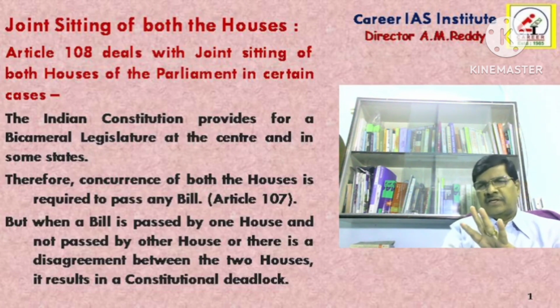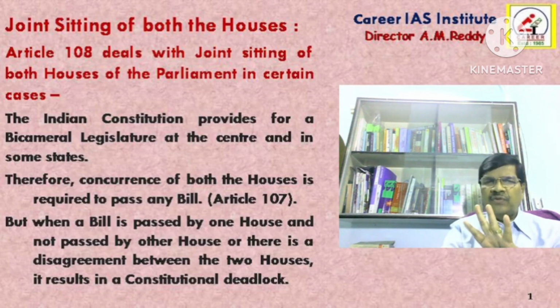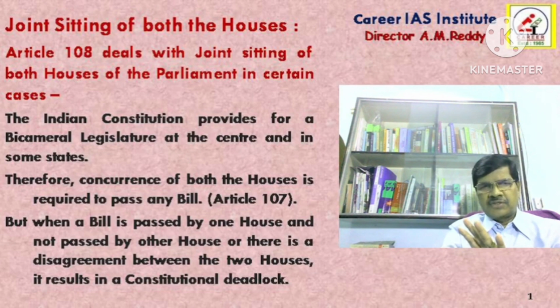Concurrence is nothing but uniform decision making, that is, acceptable to both the houses of parliament. So, the Indian Constitution provides for a bicameral legislature at the center and also in some states, and the concurrence of both the houses is required to pass any bill under Article 107, which we discussed in the last class.